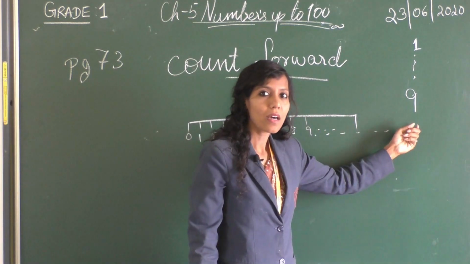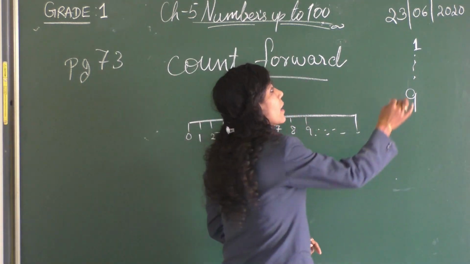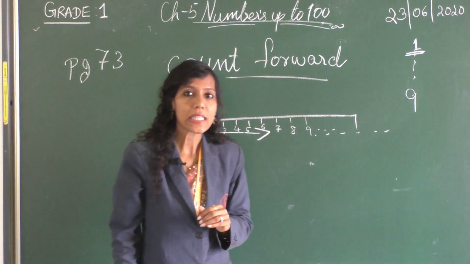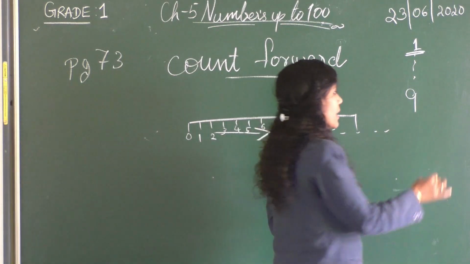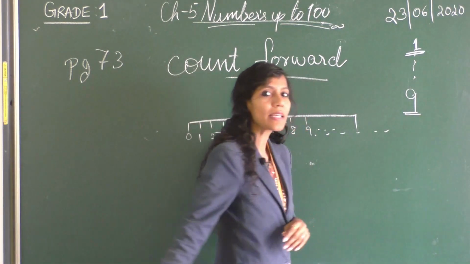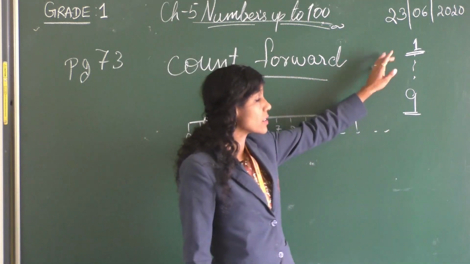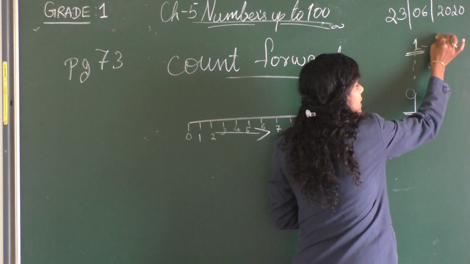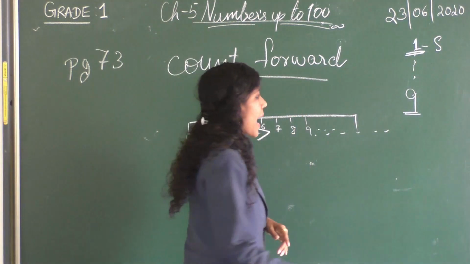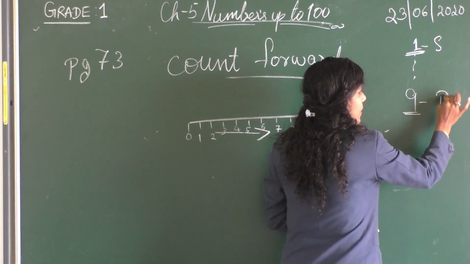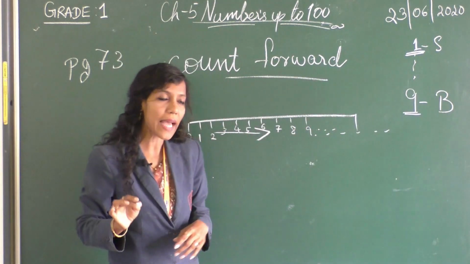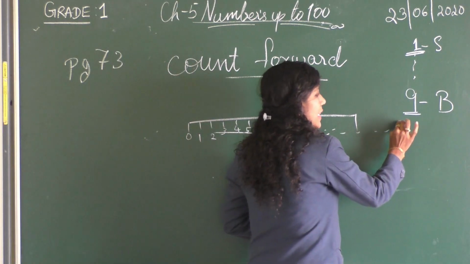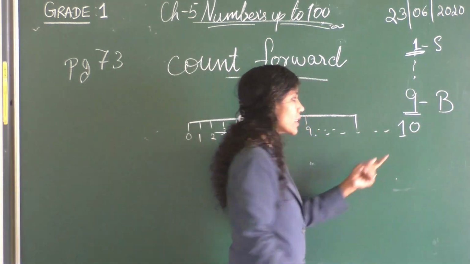In 1-digit numbers, 1 is the smallest number and 9 is the biggest; there is no other 1-digit number bigger than 9. When we come to 10, you can see two digits.